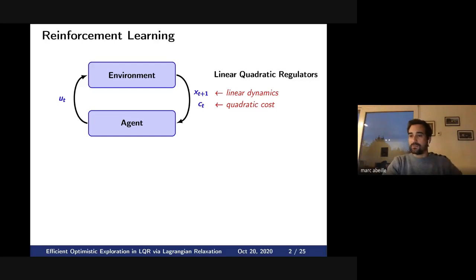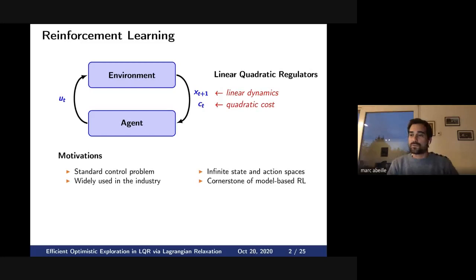The motivation behind the study of LQRs is twofold. First, from a control standpoint, when we know the environment, it's one of the very few control problems with continuous state and action for which we can actually compute the optimal policy and solve the planning problem. We can also prove that this optimal policy exists, etc. As a result, it became kind of the standard since the seminal work of Kalman, and it's now widely used in industry for around 40 years, with many applications ranging from robotics to finance in particular.